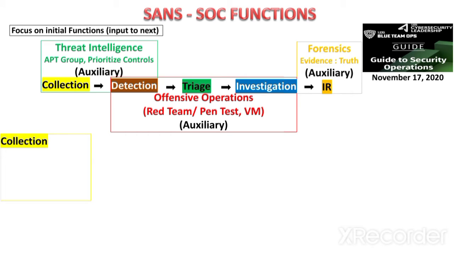Now, first function that is core function is collection. So basically, you collect the event logs from different devices, or you collect the network traffic metadata, and then you can use your security information and event management system to store all this information and to correlate later.